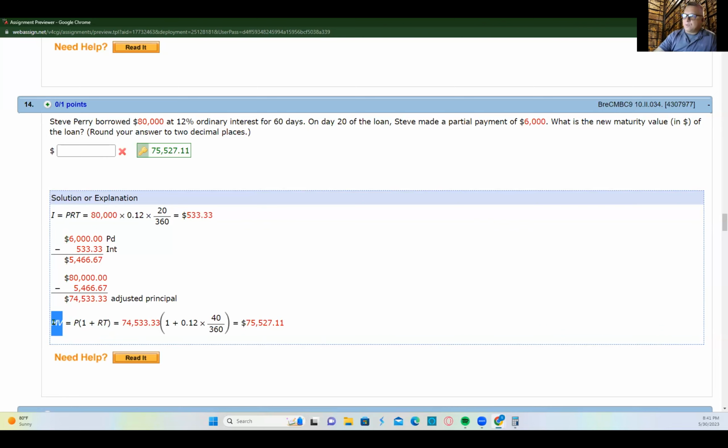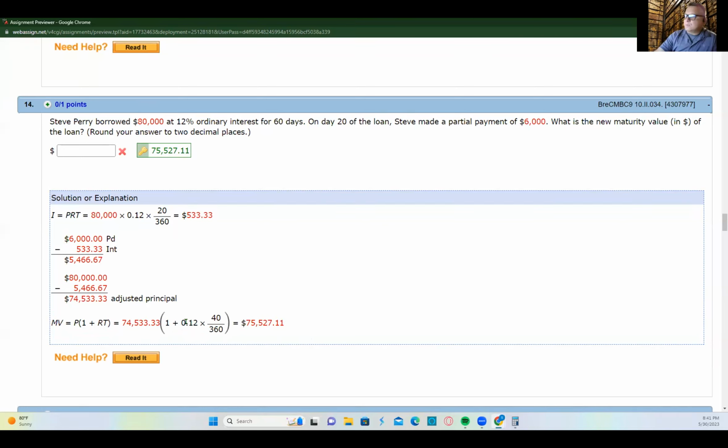Now we have kind of a new formula here. Principal times 1 plus rate times time, and that's the formula you were talking about earlier, right? Well, here's my new principal because I made a partial payment. Here's my rate. My time is now 40 days because I chopped 20 days off when I made that partial payment. And then you just plug it in. You can't do the 1 plus yet.